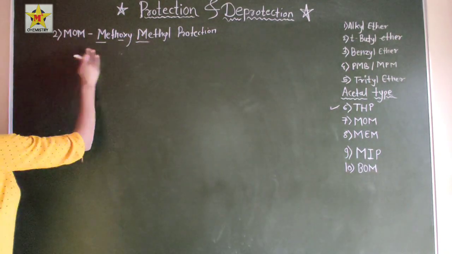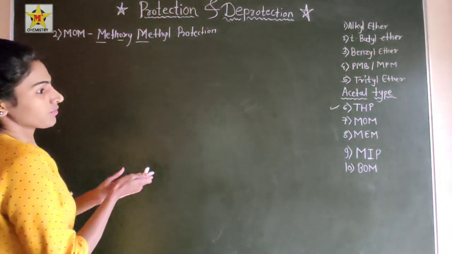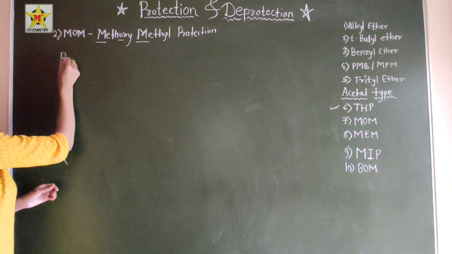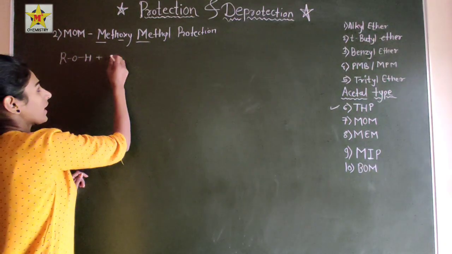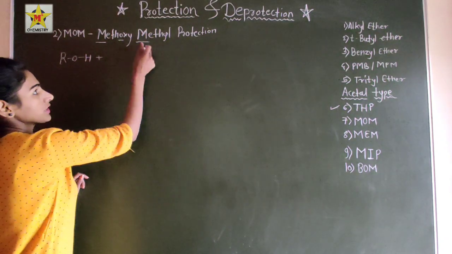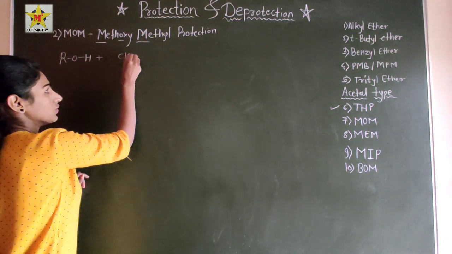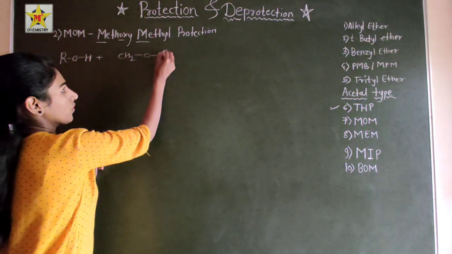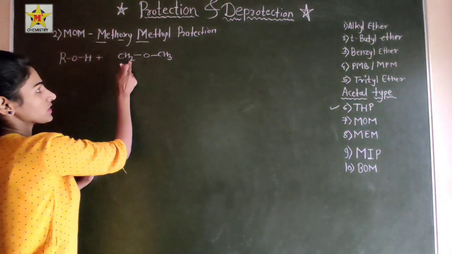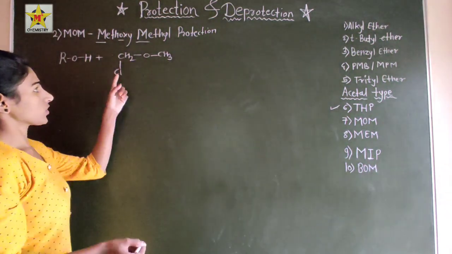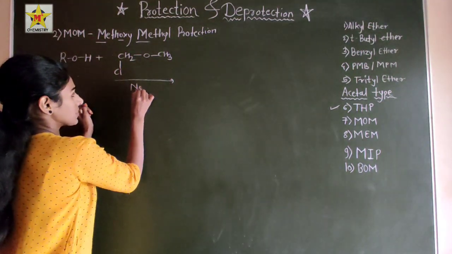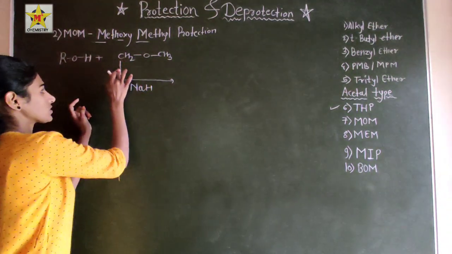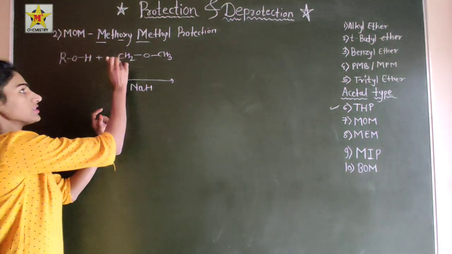So for methoxymethyl protection, in alcohol we have to add methoxymethyl chloride, CH2OCH3, in presence of NaH base.